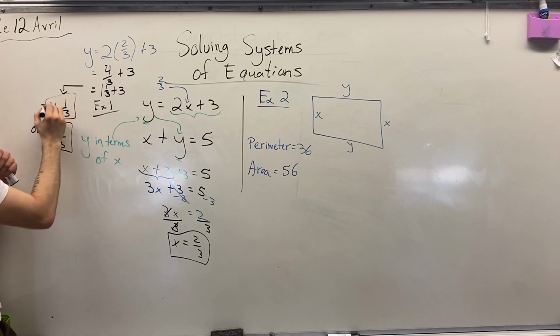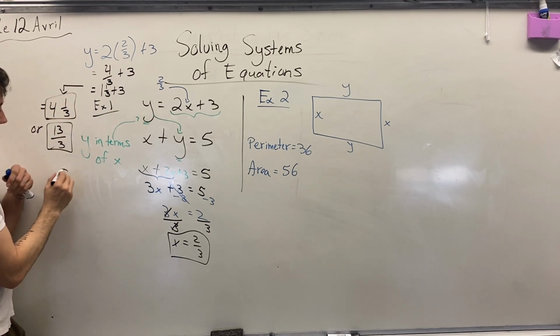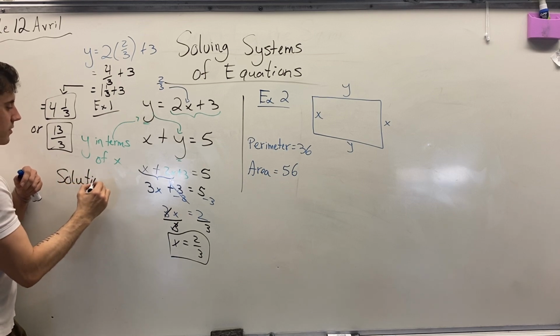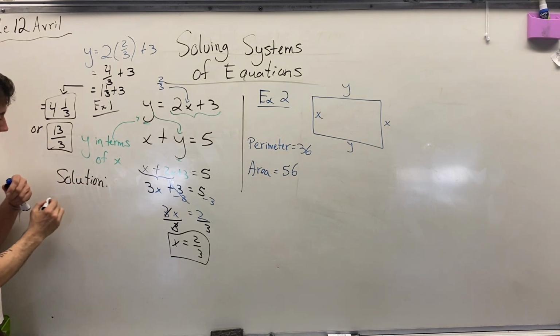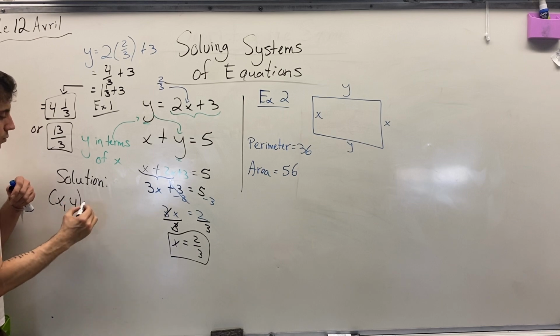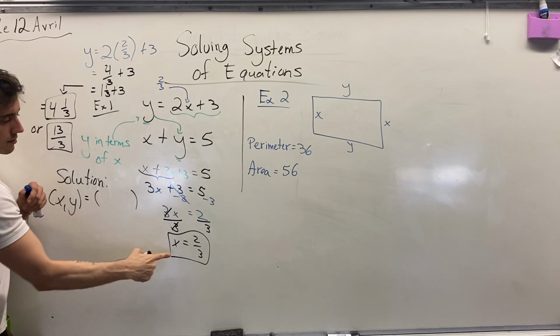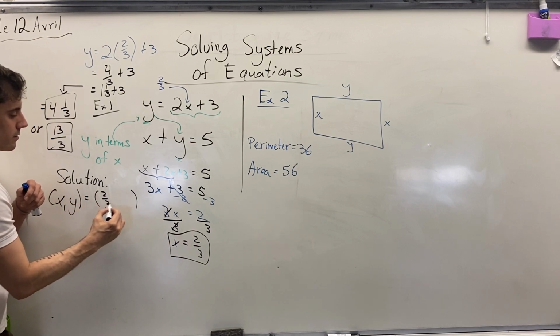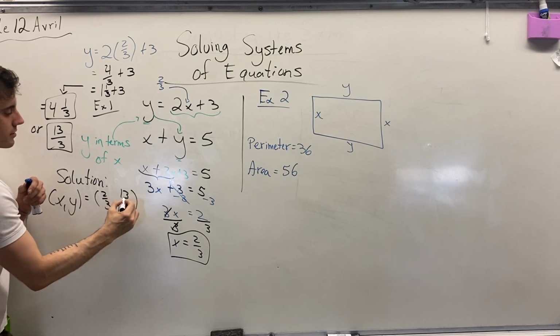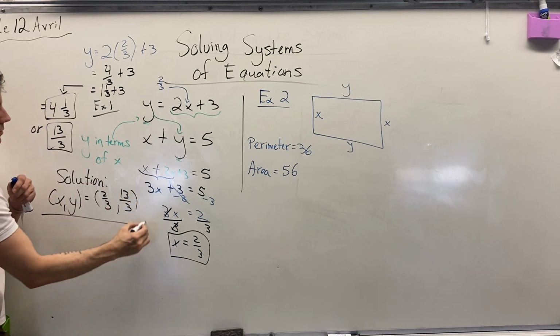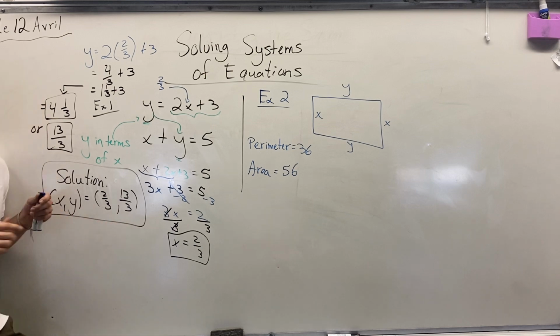Either way. And so your solution for your system of equations would be that x and y are 2/3 and 13/3. And this is how you write your final solution.